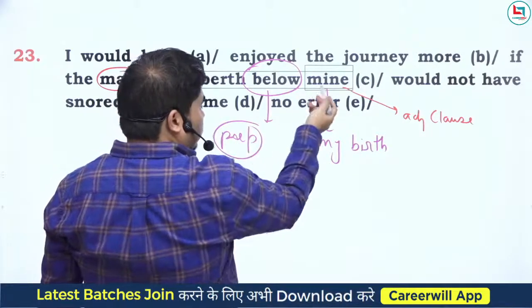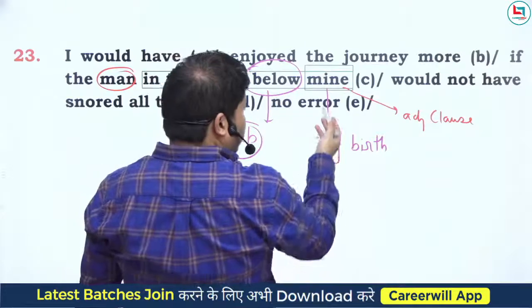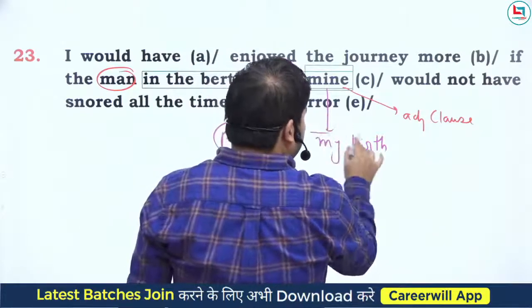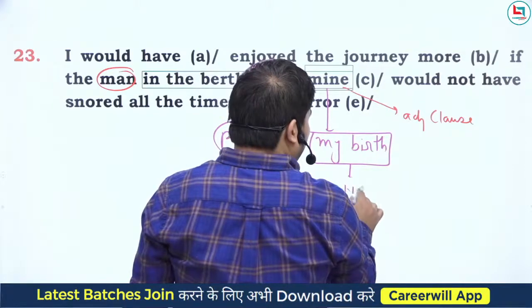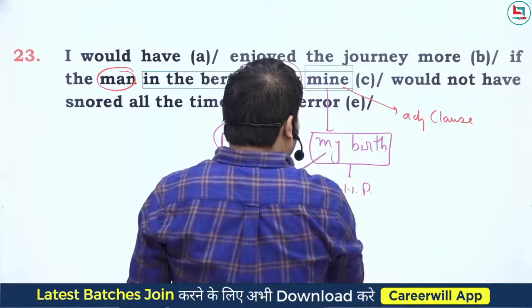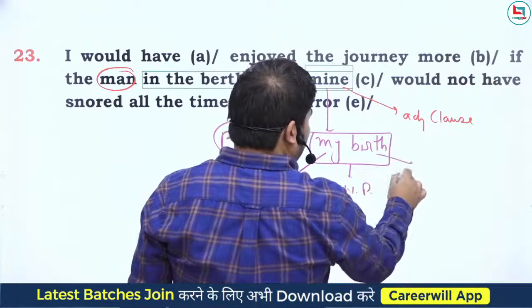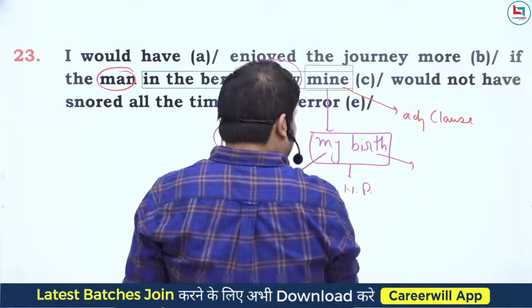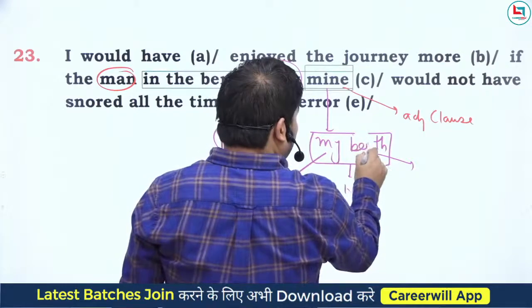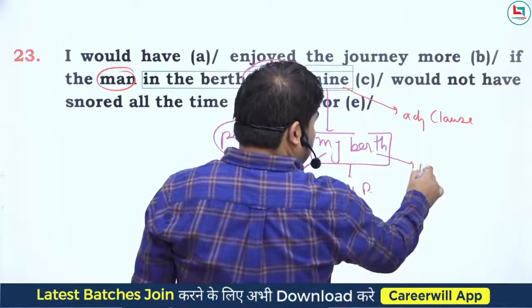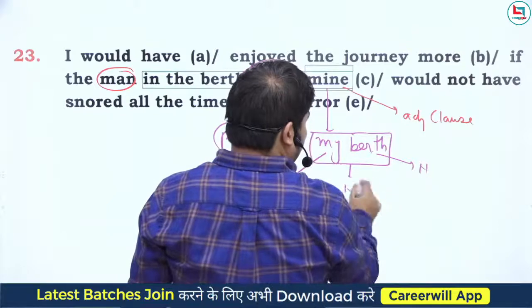Preposition is placed before the pronoun, or you can simply open this mine as in my berth, and my berth is nothing but what? It is a noun phrase because my is possessive adjective and berth is what? B-E-R-T-H, sorry. This is noun. So adjective plus noun is noun phrase.